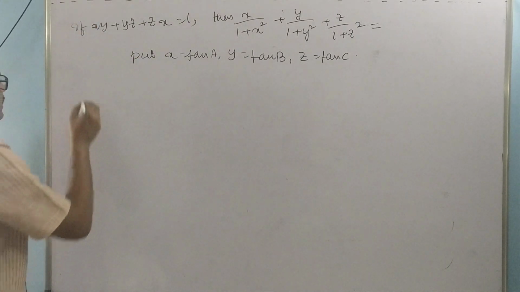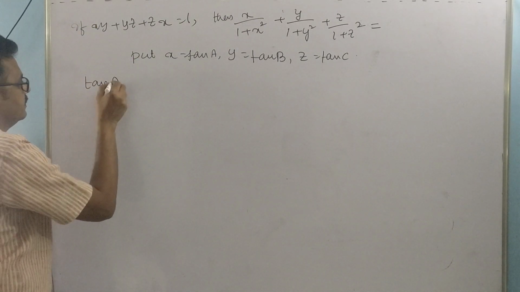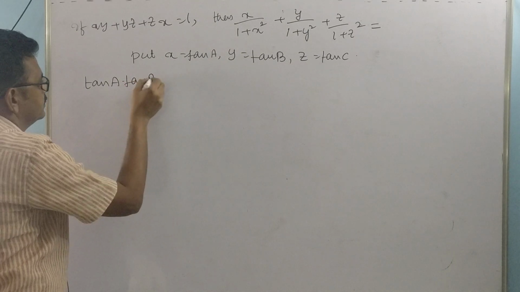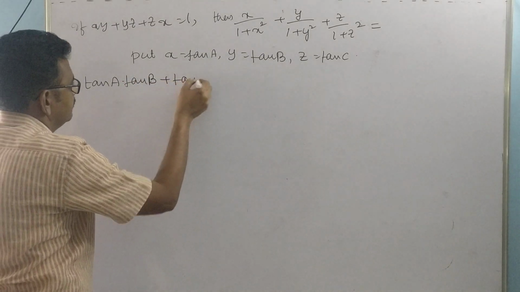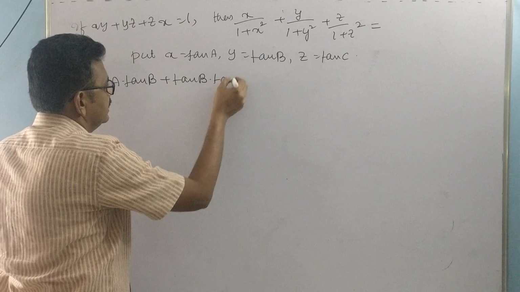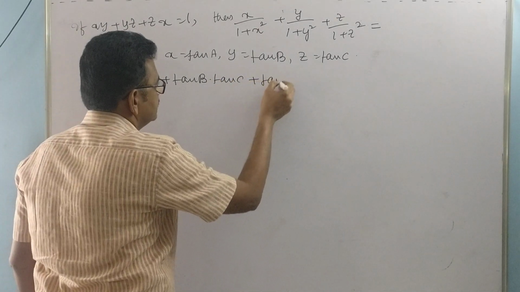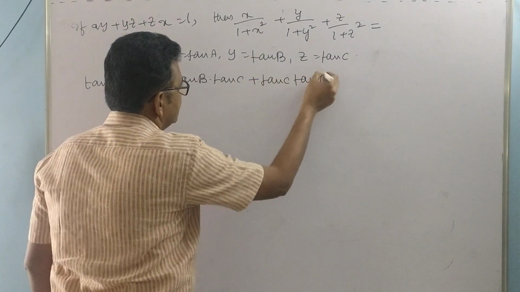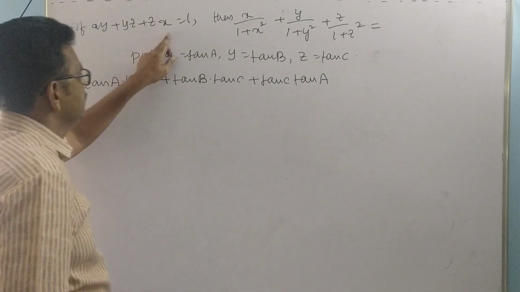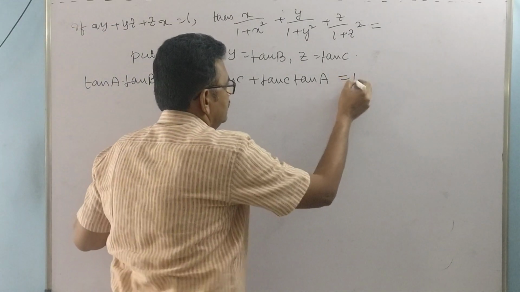Now this becomes tan A into tan B plus tan B into tan C plus tan C into tan A. This is equal to what? 1.